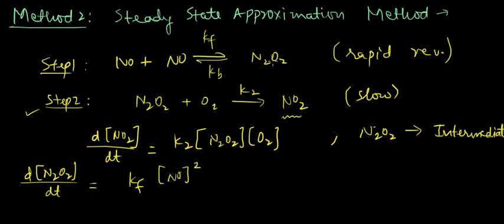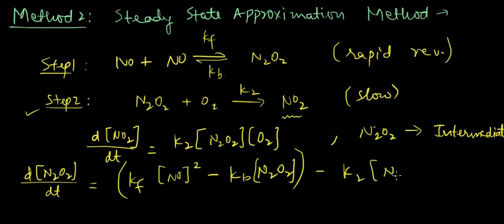Because this is the rate of appearance of N2O2, minus the rate of disappearance of N2O2, as this is the reversible step, so we should write Kb times concentration of N2O2, and minus this is also consumed in this reaction, so the rate of disappearance of N2O2 here would be K2 times N2O2 and O2.